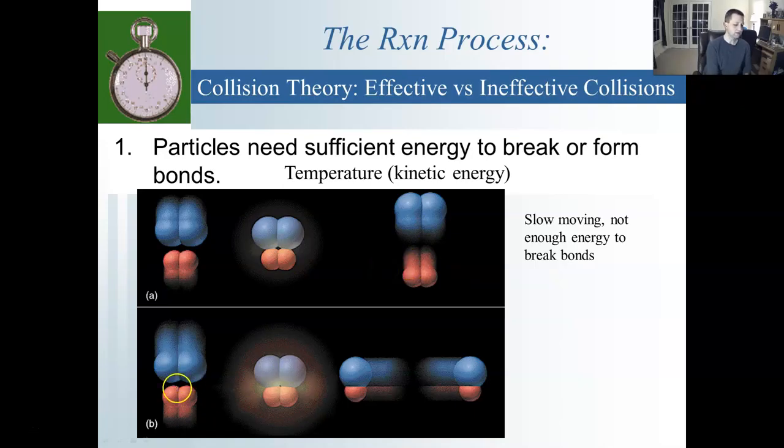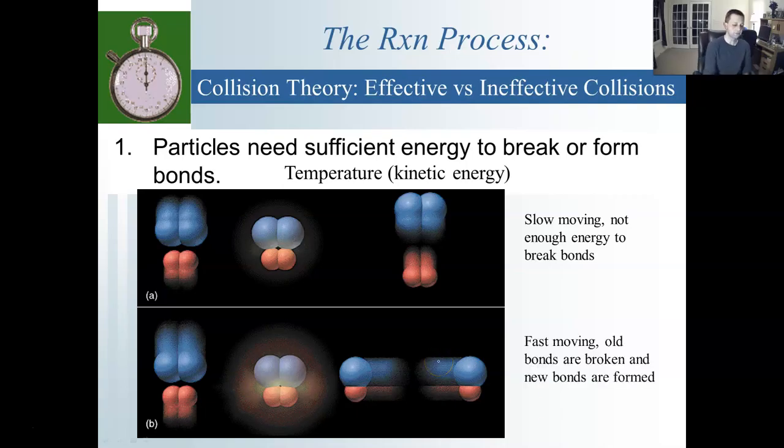Look at letter B though, the picture underneath. Looks like we're moving at a faster rate. So we're at a more sufficient kinetic energy or temperature here. These two molecules are colliding, and you can see that the bonds are clearly broken and then reformed, and it looks like we have two molecules of HI being formed here.